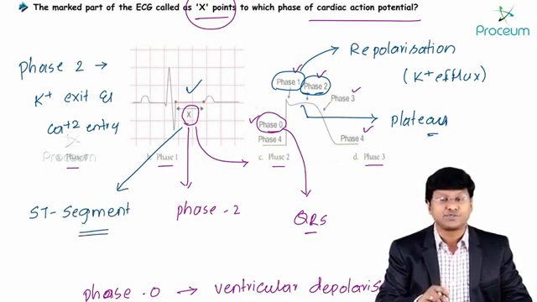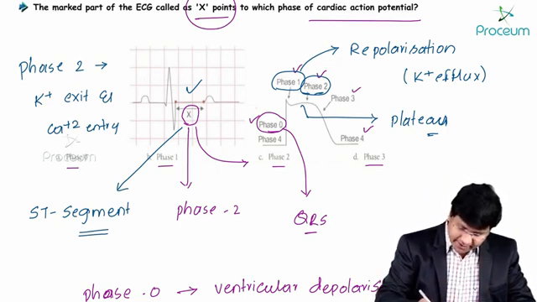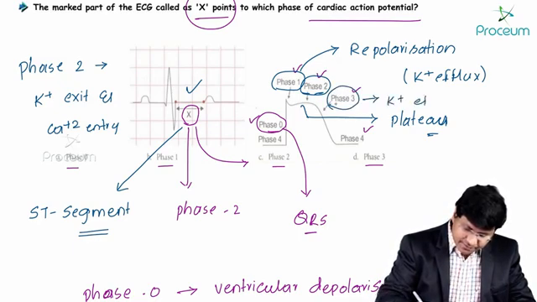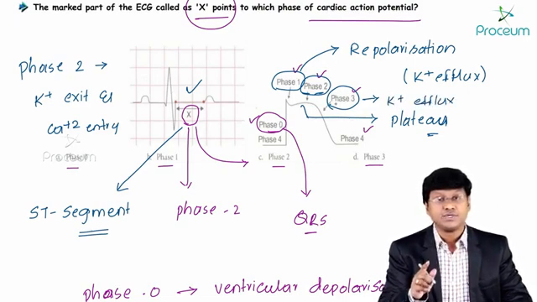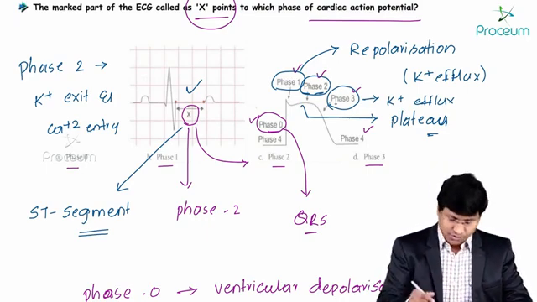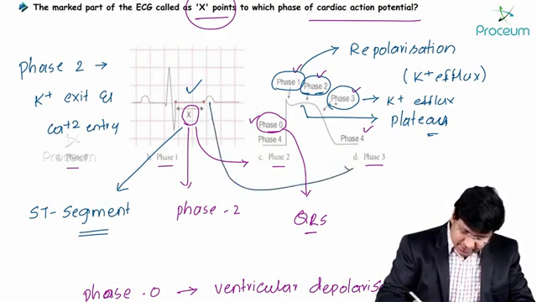So X corresponds to the ST segment. And you take phase 3. During phase 3, there will be complete potassium efflux. So phase 3 is your active repolarization. So your T wave corresponds to your phase 3.